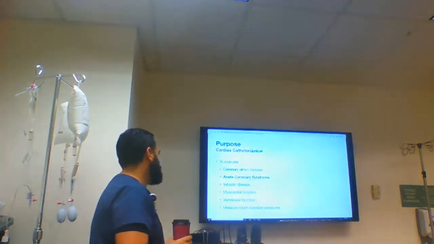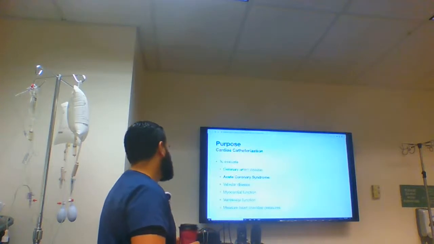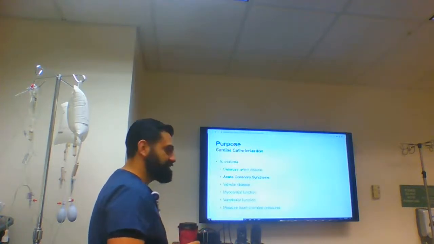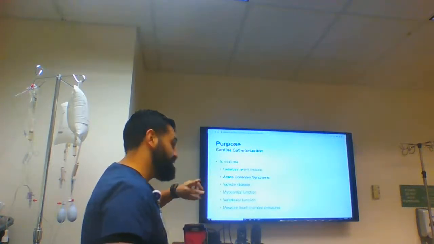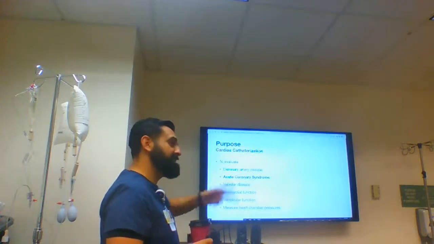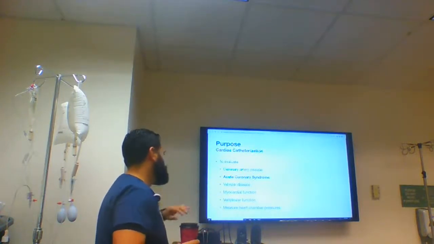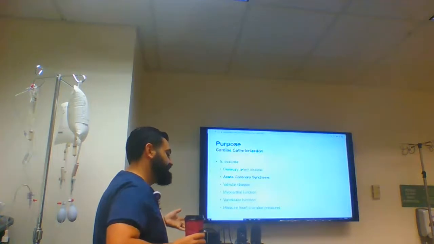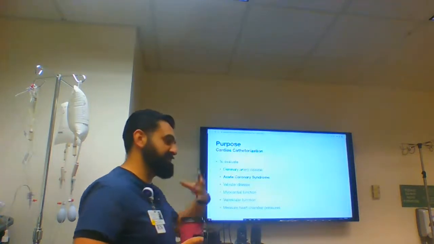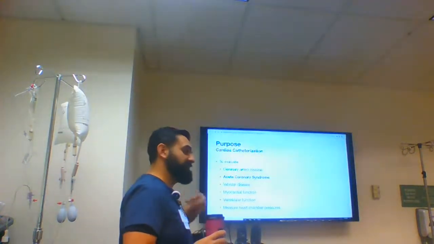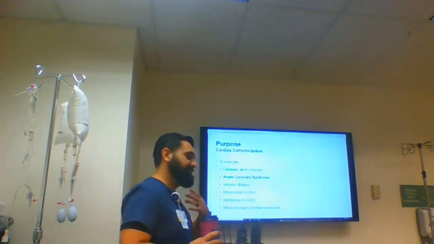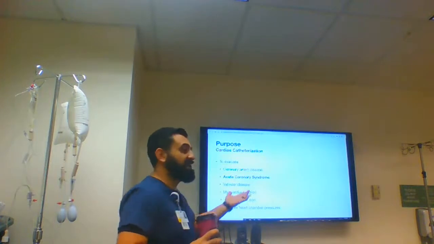We want to evaluate coronary artery disease and acute coronary syndrome, sometimes used interchangeably, sometimes accurately, sometimes not. Coronary artery disease can be a 60-70% stenosis of a vessel that we've acquired over the years, and it's not giving us any symptoms, and we incidentally find it.